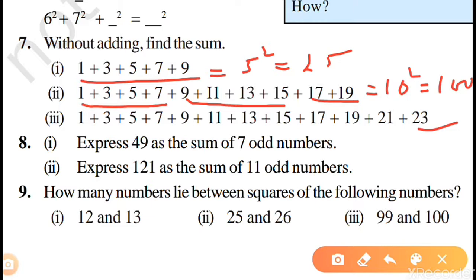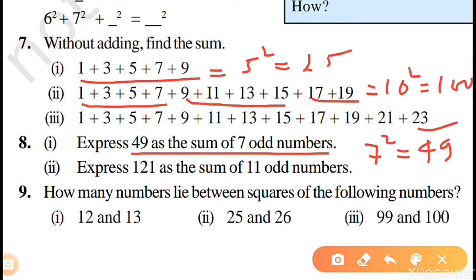Now the next question is, express 49 as a sum of 7 odd natural numbers. We know 49 is the square of 7. So the sum of the first n odd natural numbers is equal to n square.